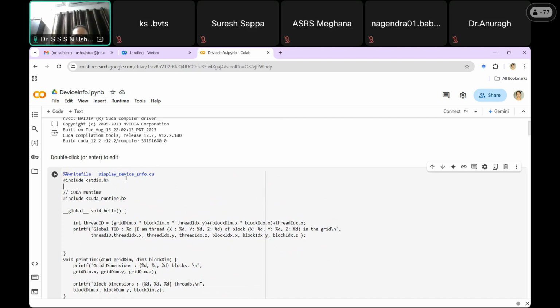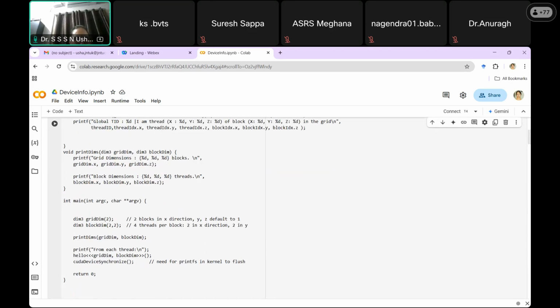I have given the name display_device_info.cu because later I need to compile the file and run the file, right? .cu is the extension of a CUDA program. To understand CUDA, I have included the cuda_runtime.h header file also. I will show you why.